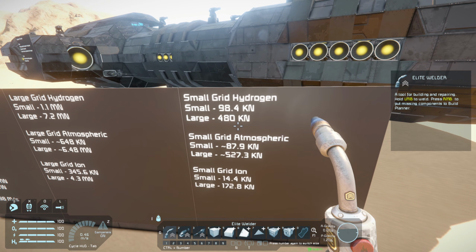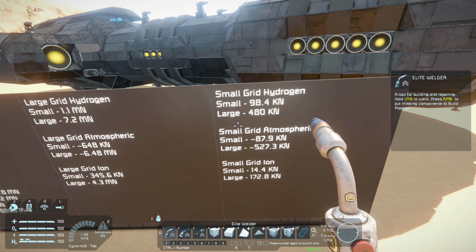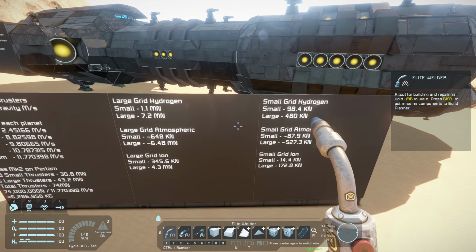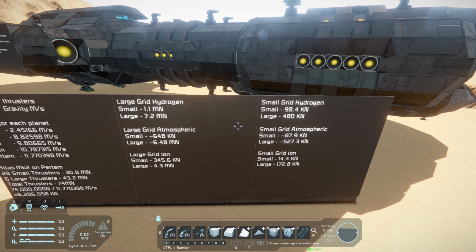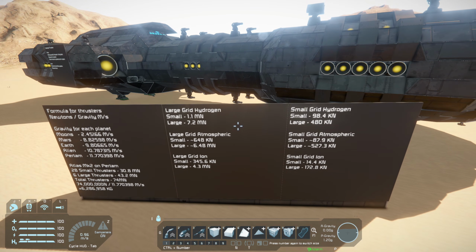And over here we have the values for our small grid thrusters. I'll get rid of my welder and sit here for a second so that, if you want to, you can pause the video and take a look over these values here.